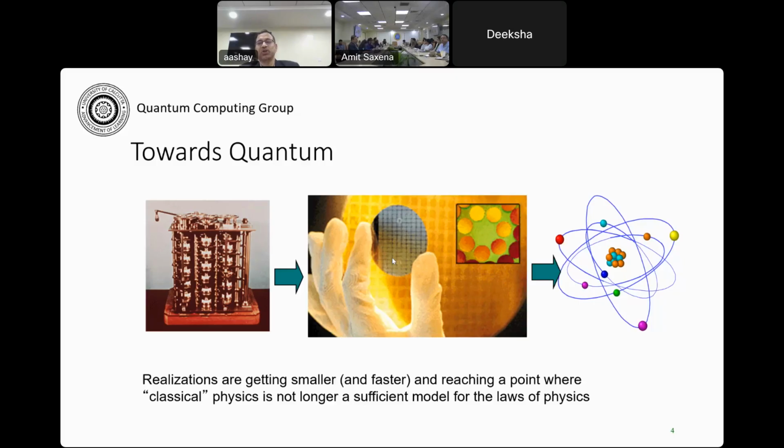One of the strongest pushes for quantum computing came in 1980, when Richard Feynman, in his very historical lecture at MIT, said that at that point of time quantum physics was very strong, with a lot of research and experimentation going on.